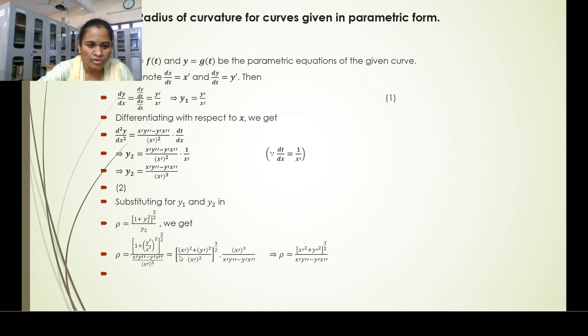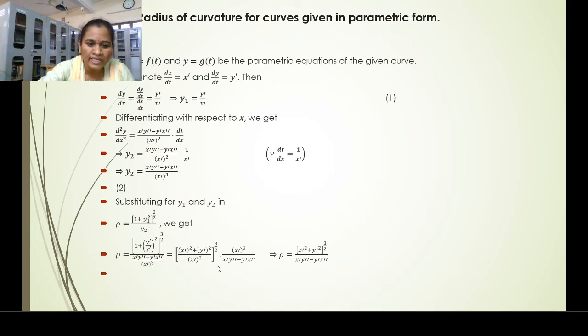Taking the LCM in the numerator, x dash square is the LCM: x dash square plus y dash square divided by x dash square, to the power of 3 by 2, into the denominator x dash whole cube divided by x dash y double dash minus y dash x double dash.